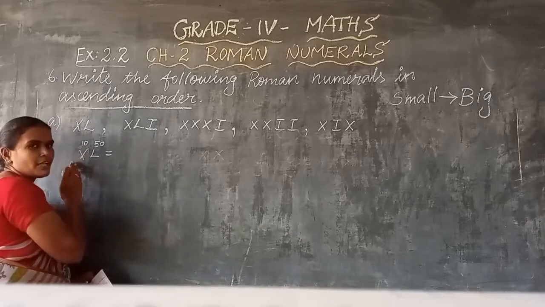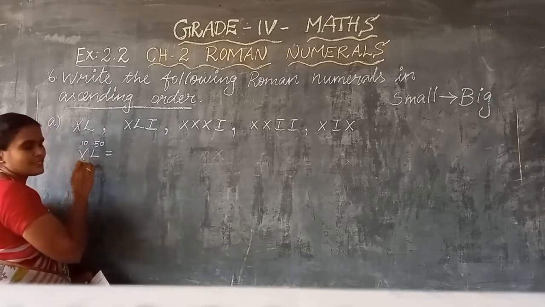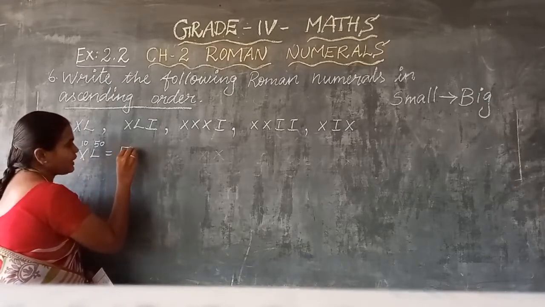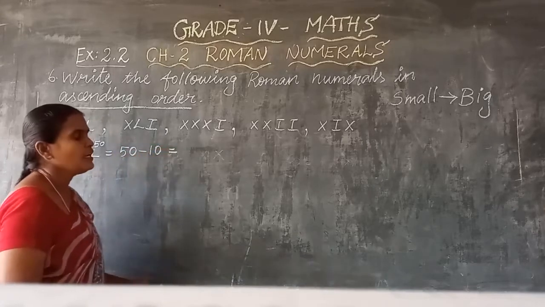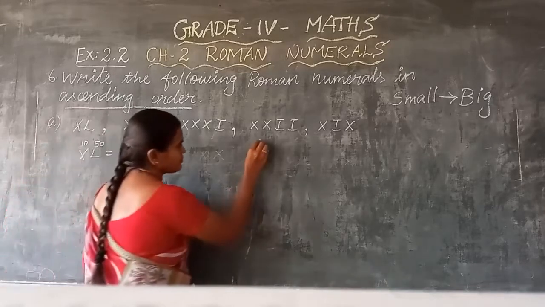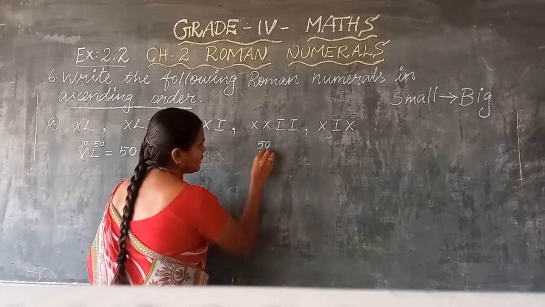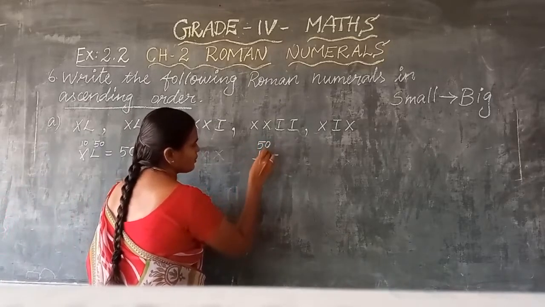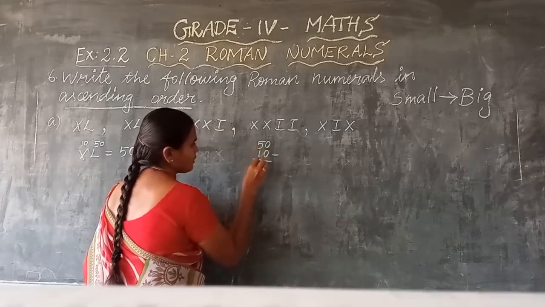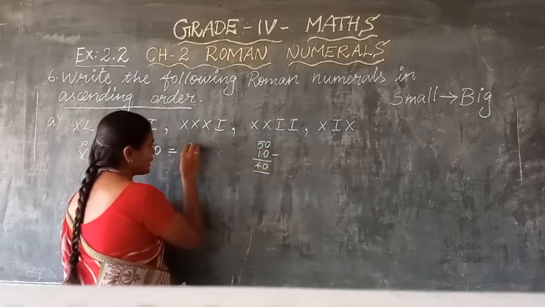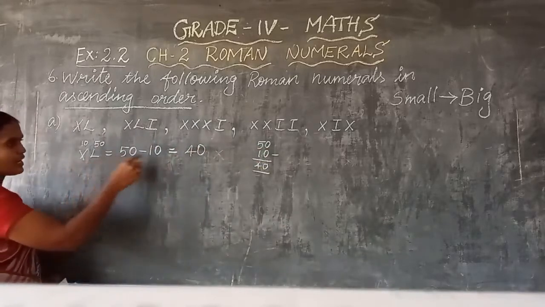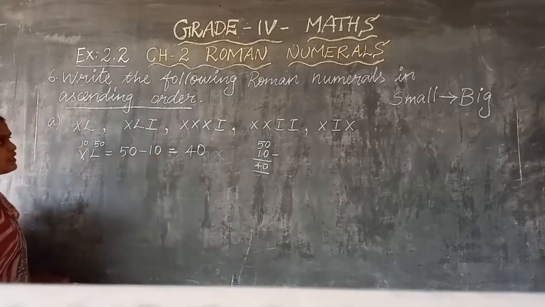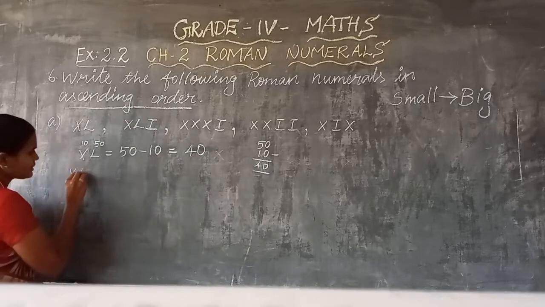Here, left side small number, so subtraction. 50 minus 10. 0 minus 0, 0. 5 minus 1, 4. We get answer 40. So XL value 40.